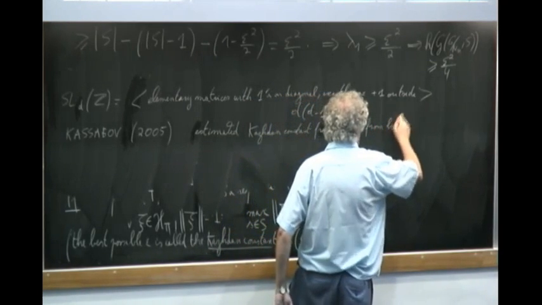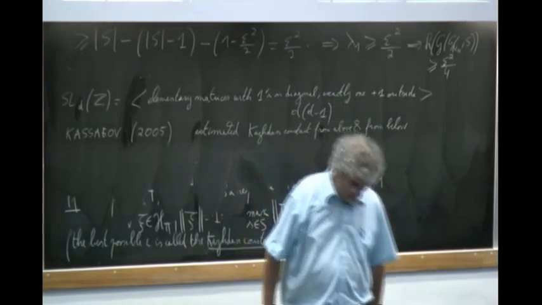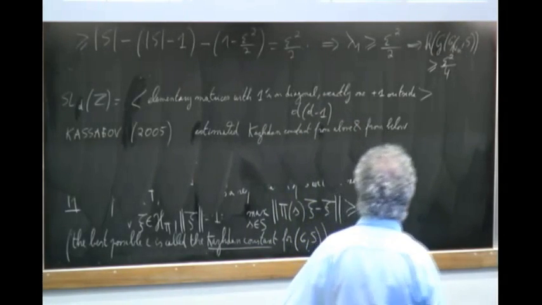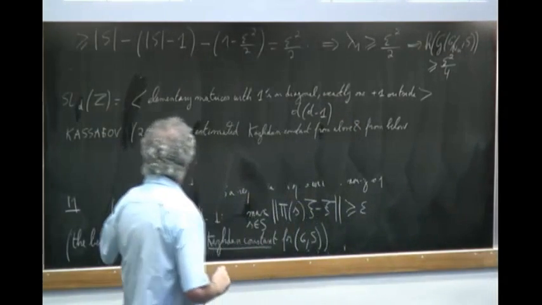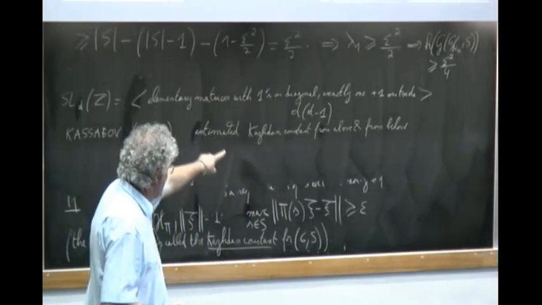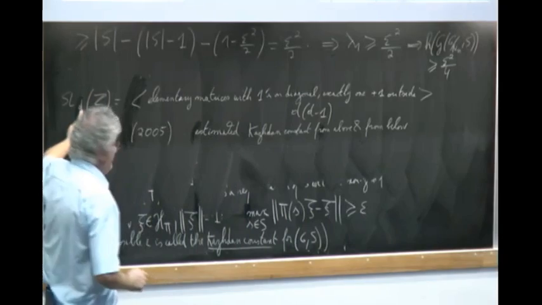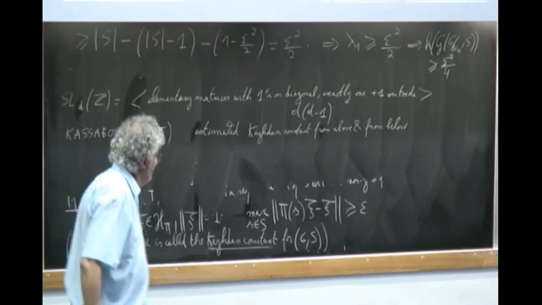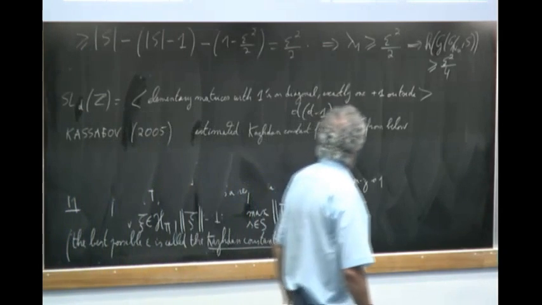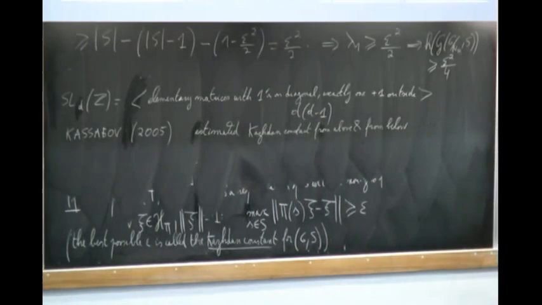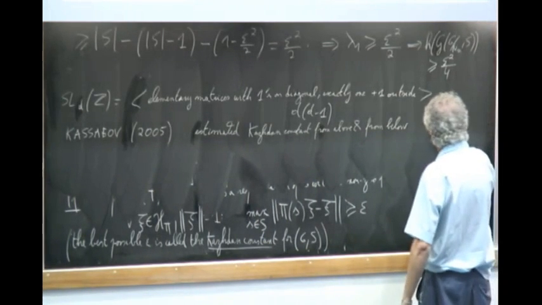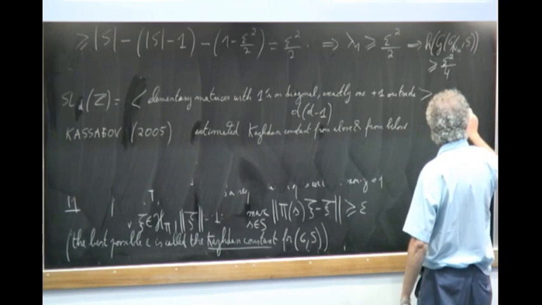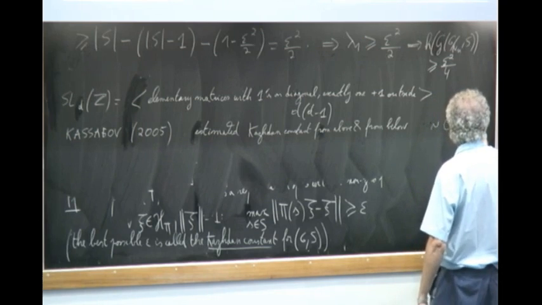So the exact value seems out of reach, so we have to content ourselves with estimates. But what is nice with Kassabov is that his estimate is asymptotically sharp in d. Namely, when d goes to infinity, this converges to a single value, and the answer is that the Kazhdan constant is of the order of 1 over root d, if I remember correctly.